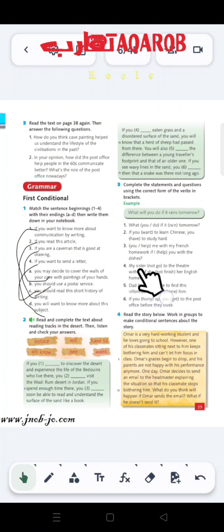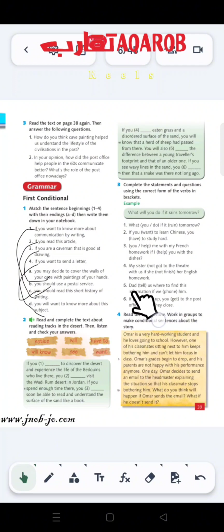Number 4, my sister not go to the theater with us if she not finish her English homework. So my sister, this is the main clause. We must add will. My sister will not go to the theater with us if she, so here's the simple present, becomes if she doesn't finish her English homework.